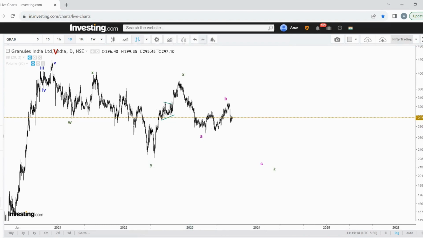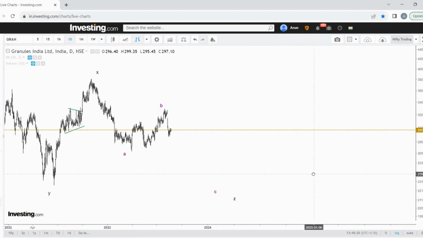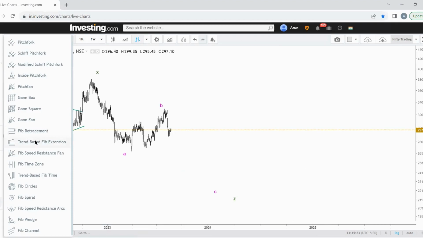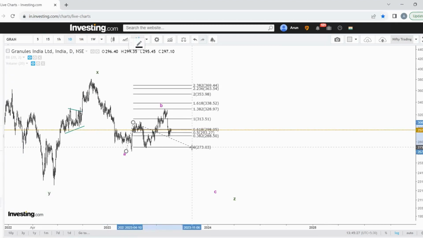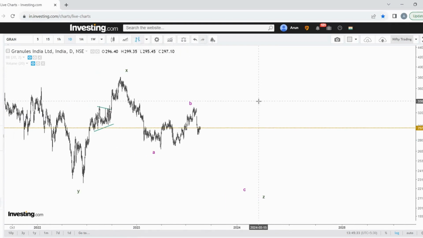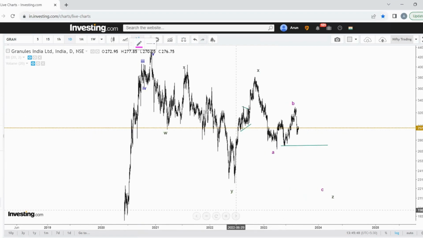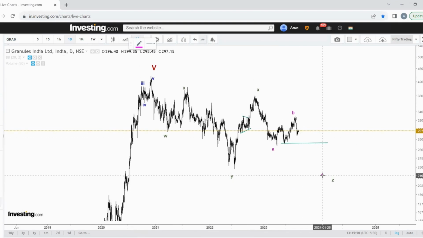And if you take this A, B, C, it has a relation with this level, exactly 1.382 levels. So now our confirmation point is this point, because this is A, B, C. If it breaks this 270 zone, yes, we are still in one more correction leg.